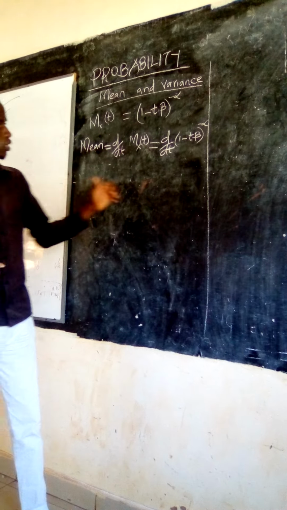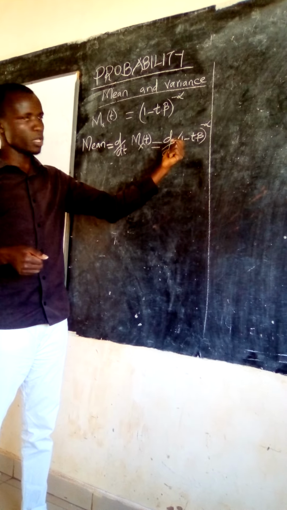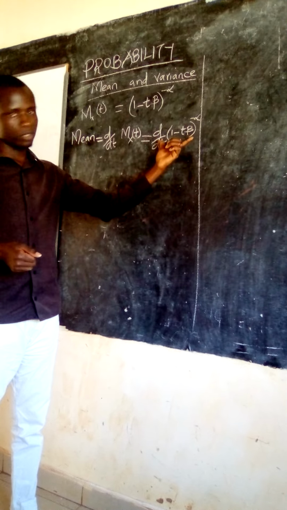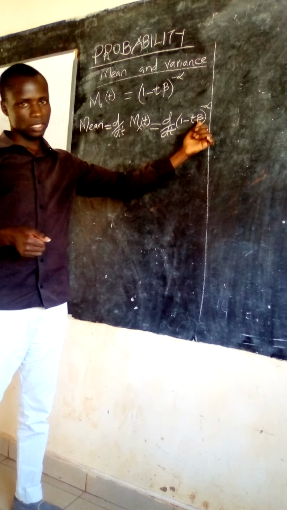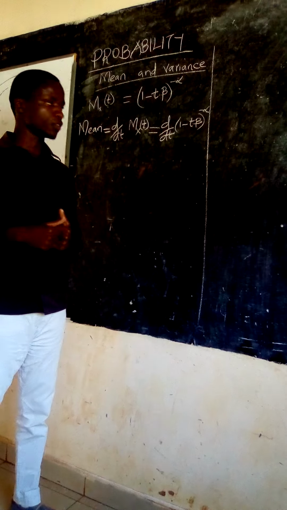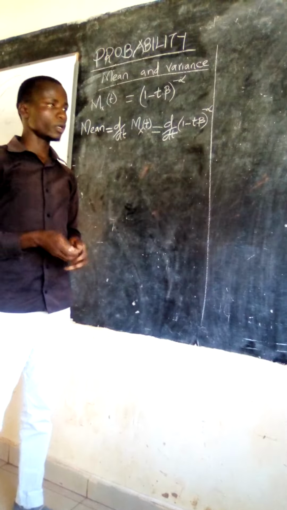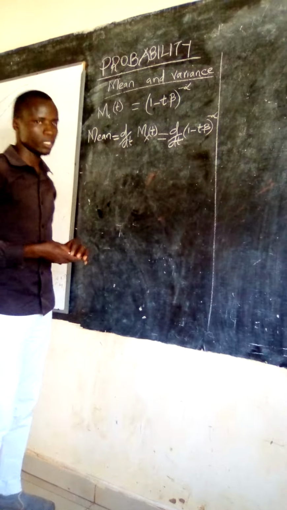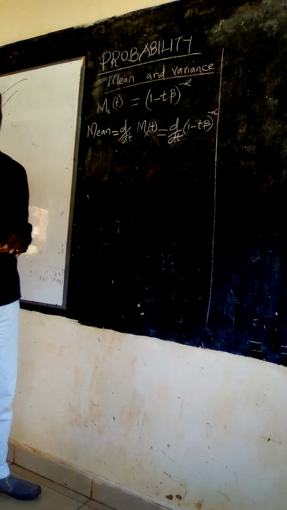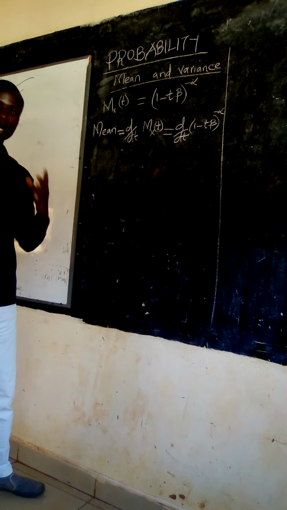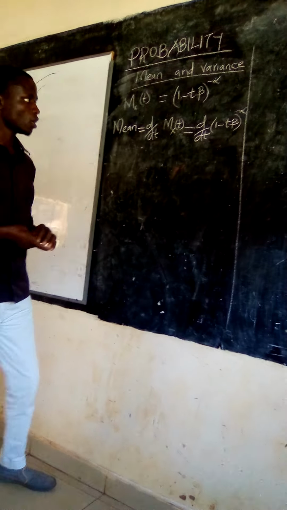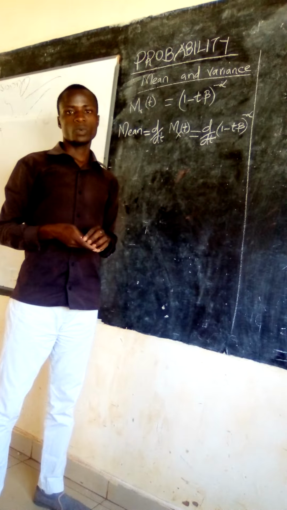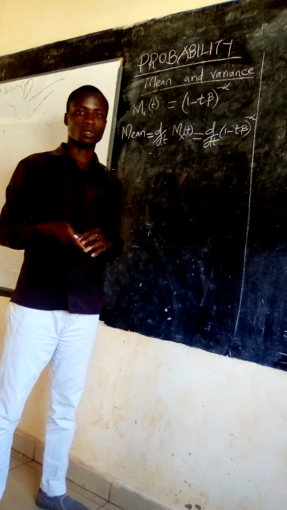Now, after that, you just need to see a way in which you can work out the first derivative of (1 minus t beta) raised to negative alpha. Remember, under differentiation, you come up with several ways to work out some of the differentiation problems, like the chain rule.